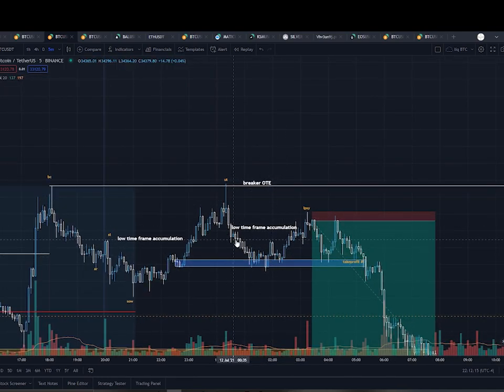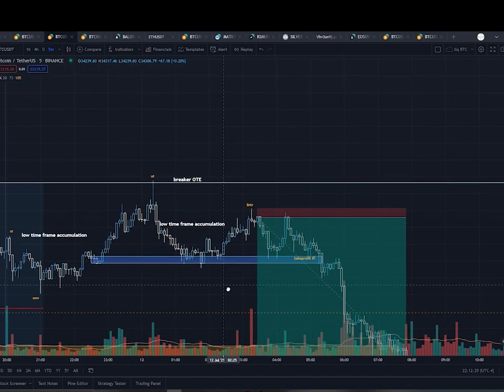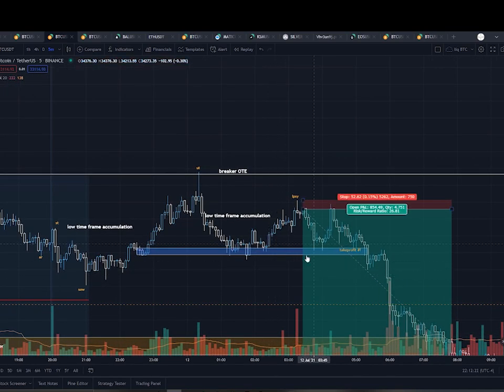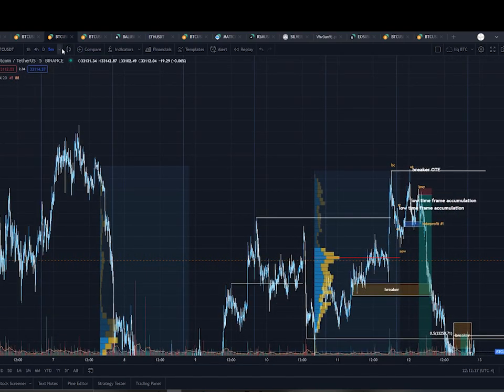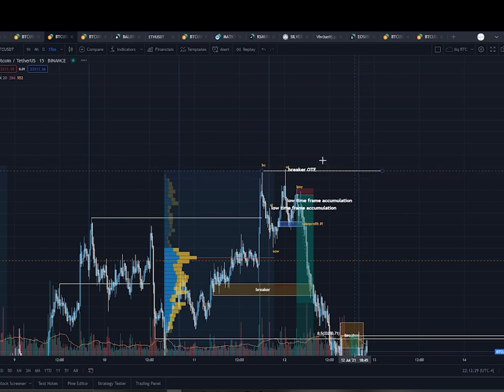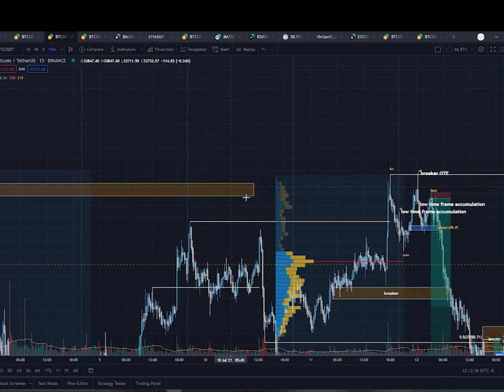So if I was to look at an entry, I would look at it inside the block, and I think if we just go on the 15-minute, the order block was actually this whole entire area here.